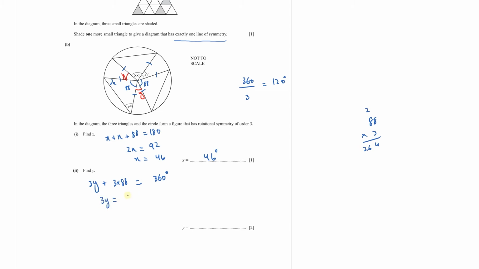So 3y will be 360 minus 264, which is 96, and y will be 96 divided by 3, which is 32. So y equals 32 degrees.